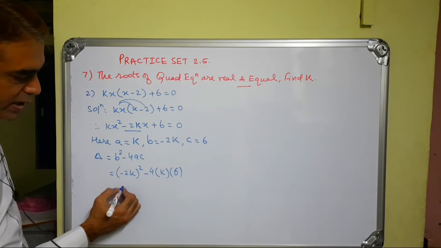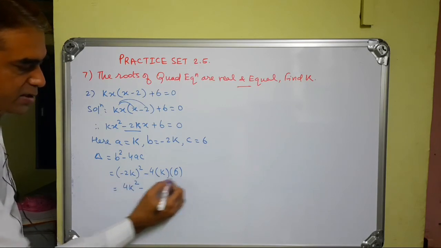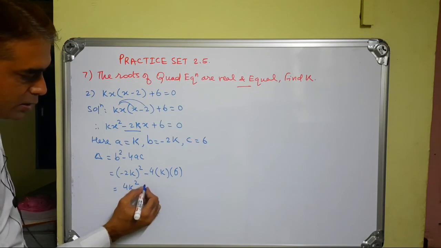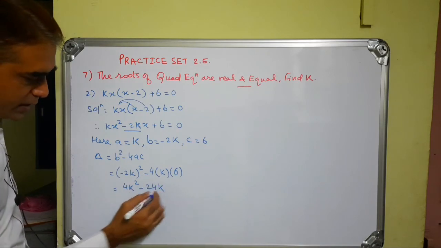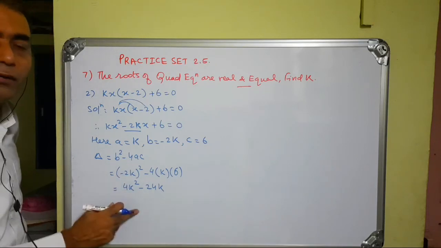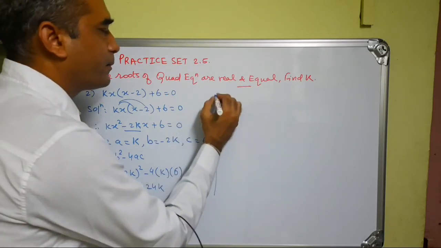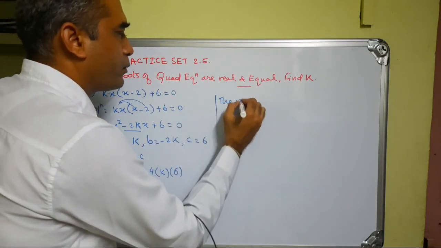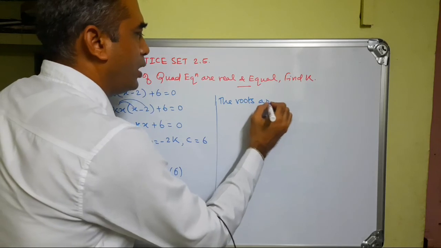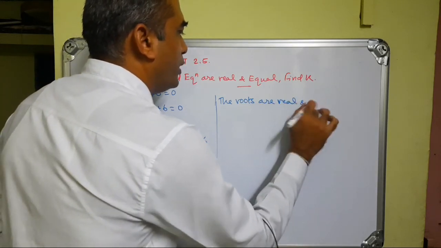Minus 2k whole square will be 4k square, and minus the product of these three is 24k. So 4k square minus 24k is the value of discriminant. Now we know that the roots are real and equal.